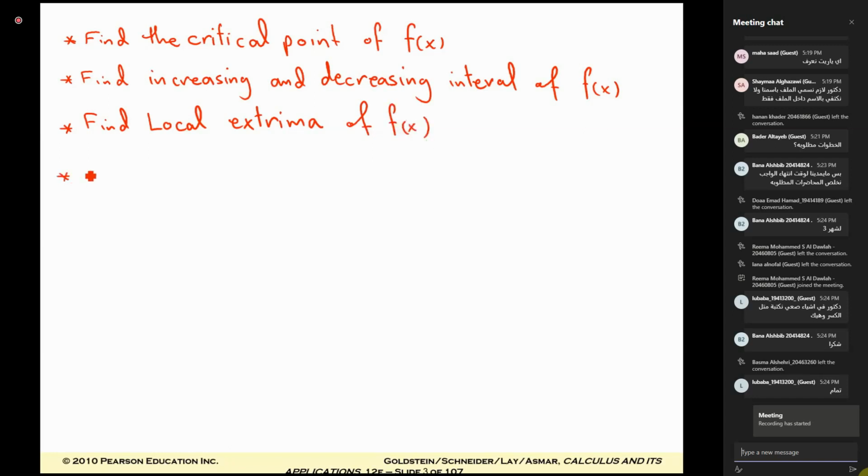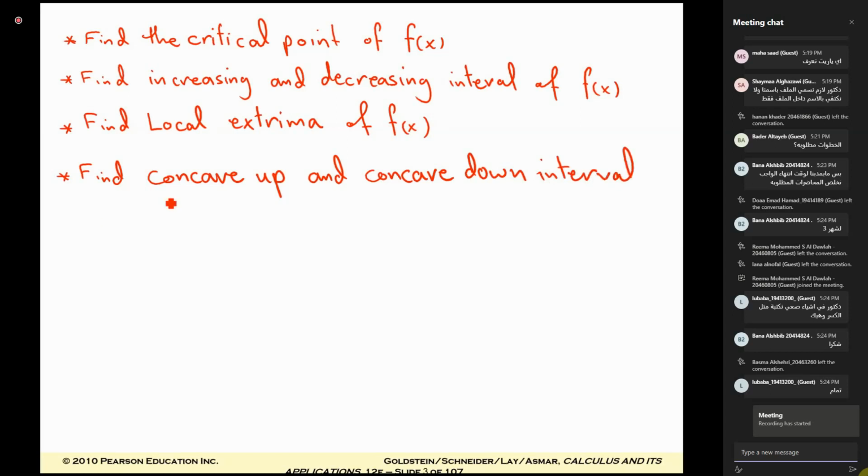Also, we can find the concave up and concave down intervals of f of x.